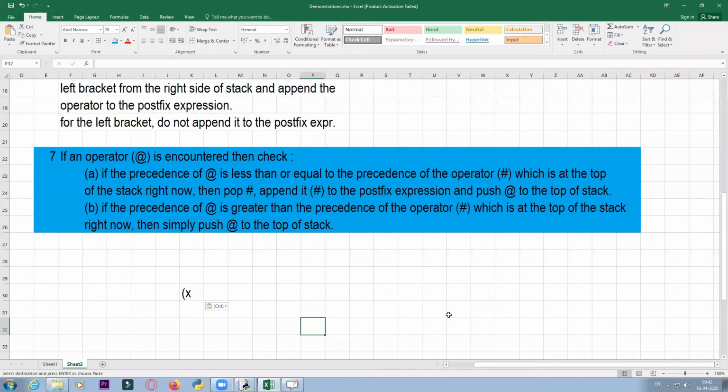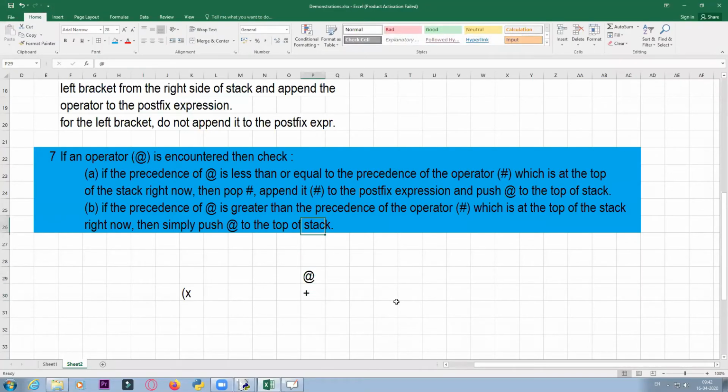We have encountered the operator plus. So let us try to correlate it with the rule which is written. If an operator at the rate is encountered, so what have we encountered? Plus. So plus is your at the rate over here.